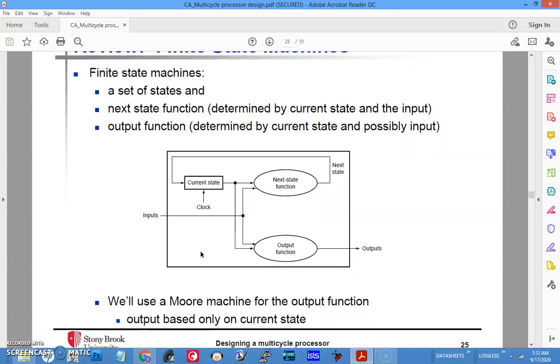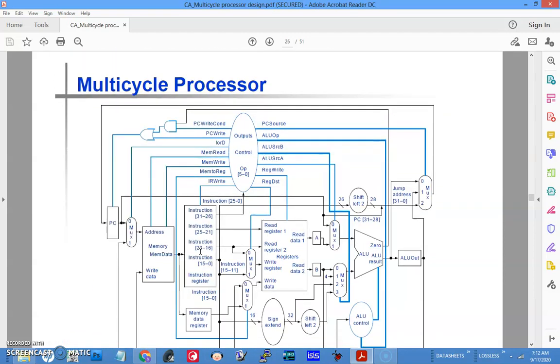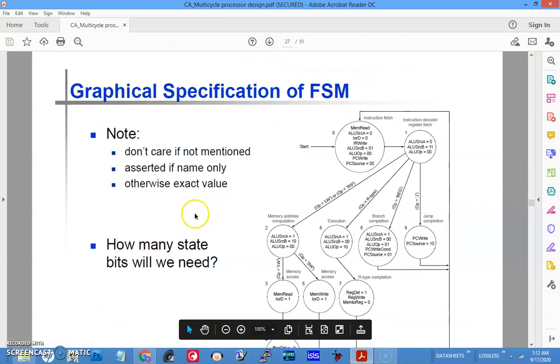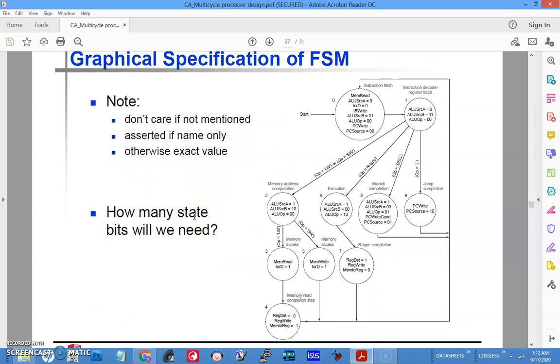Now this is very simple to understand. This is how it looks. There is a single control unit outputting all the control lines, taking input and the current state from the data path. This diagram has also been explained earlier.